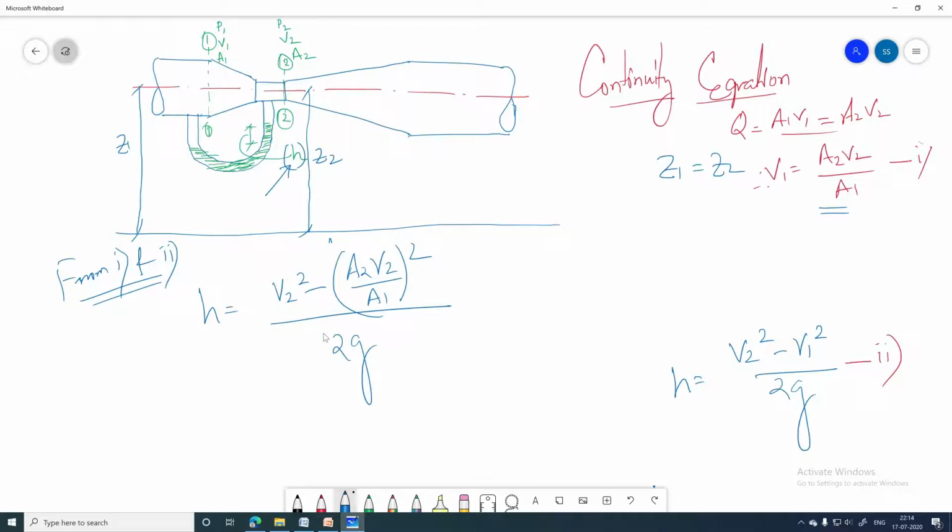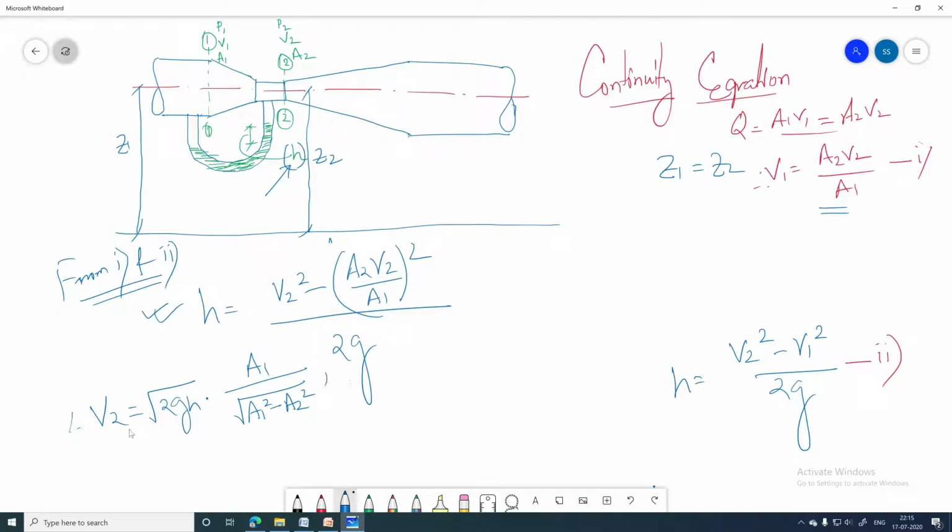Now if we solve this equation, we will get the value of V2. You just check: root 2gh into A1 by root over of A1 square minus A2 square. So simplify this equation.